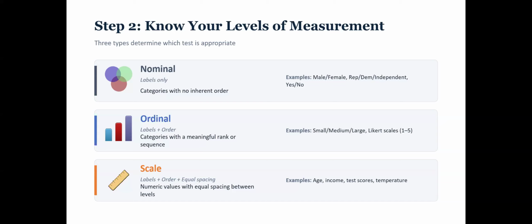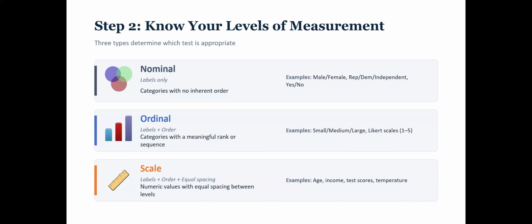Ordinal has categories and some order to it. And scale, and I'm bucketing it using the term scale, but it could also be called continuous, ratio, or interval. I'm using those synonymously because when it comes to the statistical test, they're all treated equally.